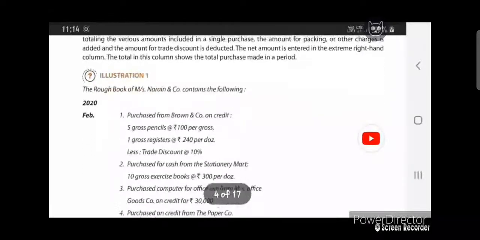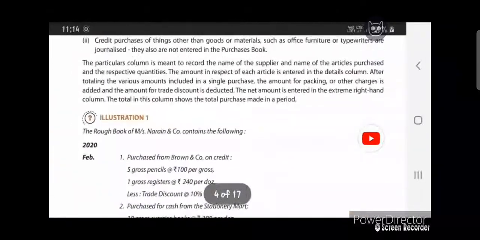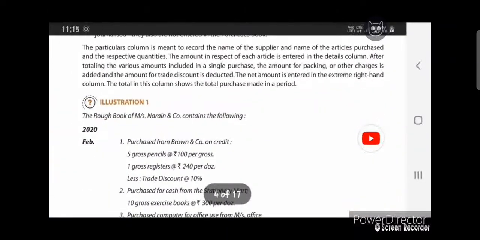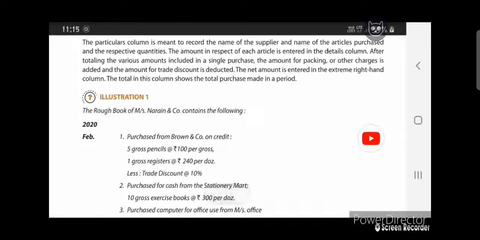Next is the particulars column. This column is meant to record the name of the supplier, and it also helps you to enter the name of the articles purchased.